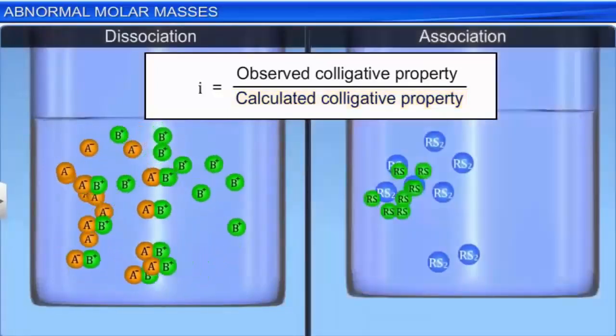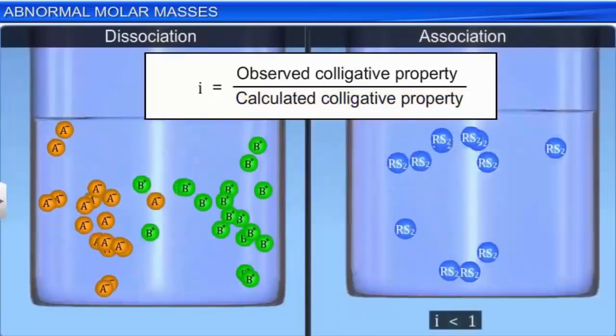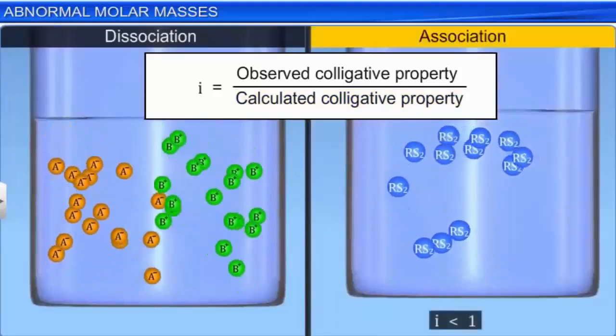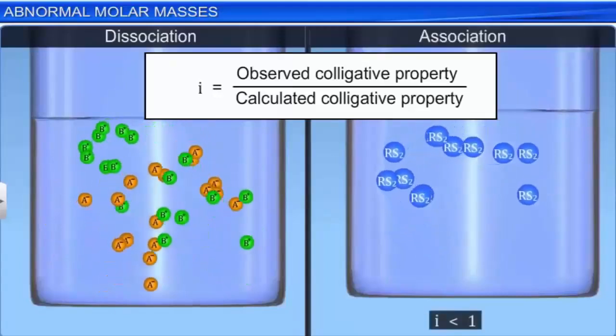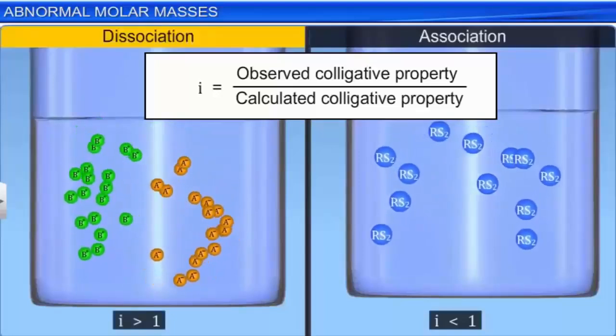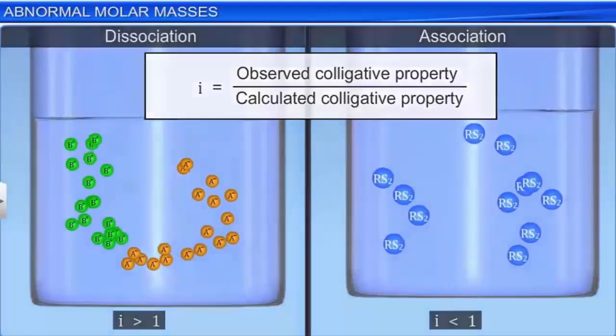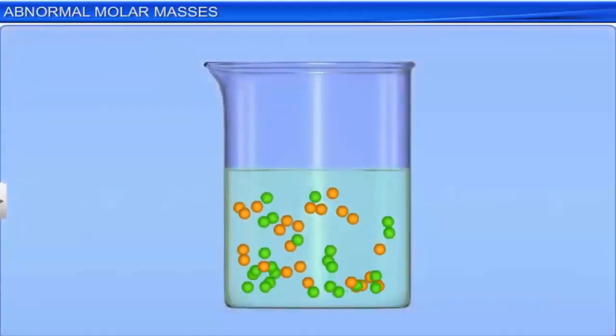The value of van 't Hoff's factor is less than 1 if there is association of the solute in a solution, and is greater than 1 if there is dissociation of the solute in a solution. For substances that undergo neither dissociation nor association in a solution, i is always unity.